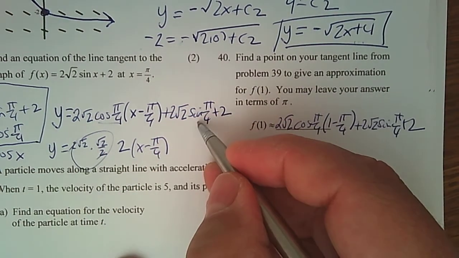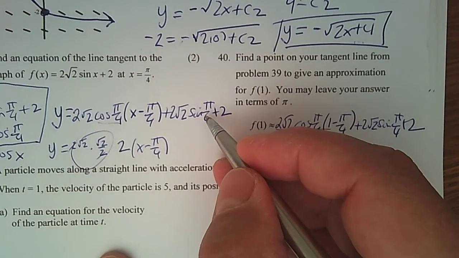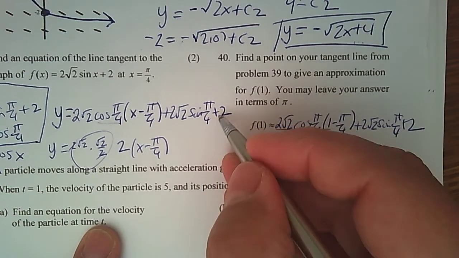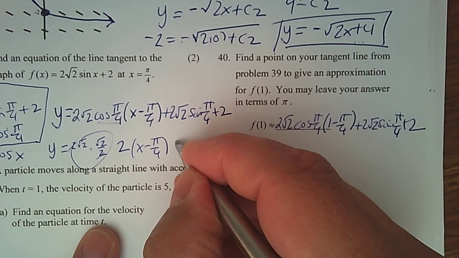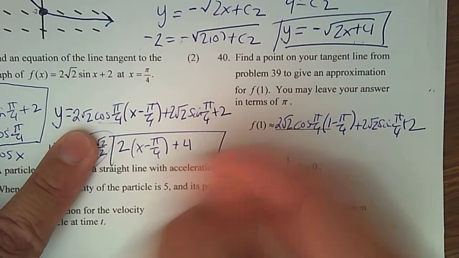Same thing here. The value of sine at pi over 4, same exact value because it's 45 degrees. So root 2 over 2, if I simplify it, just becomes 2. And we have 2 plus 2 at the end, which makes it 4. So this is what it would look like if you simplified it.